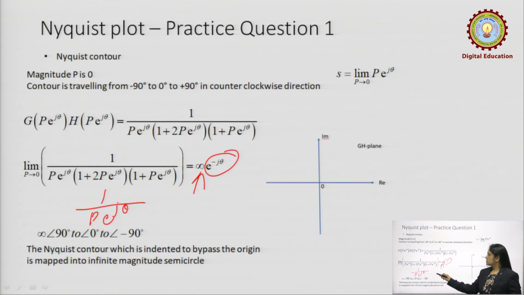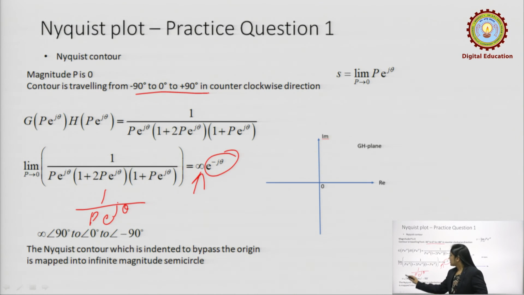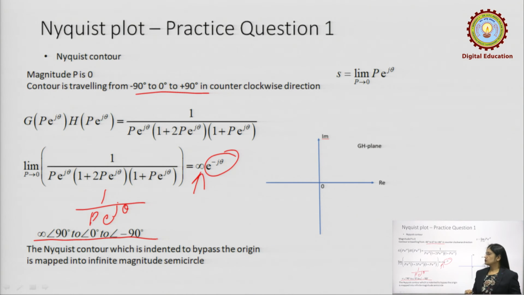So, 1 upon 0 is infinite magnitude and e raised to minus j theta. This contour in the S plane travels from minus 90 to plus 90 in the counter clockwise direction. So, this is mapped in the GH plane as an infinite magnitude contour, travelling from plus 90, because there is a minus sign here, to 0 degree to minus 90 degree.